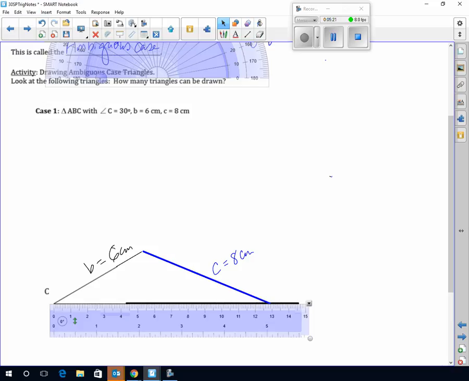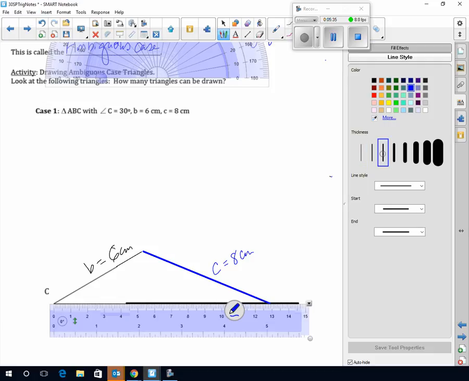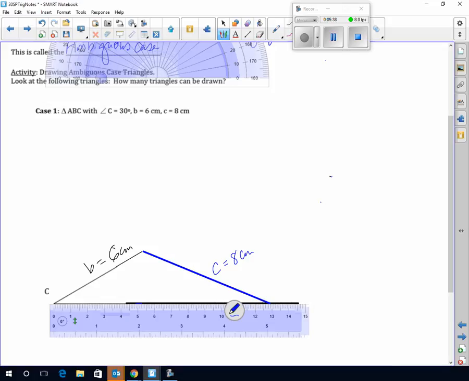Okay, I'm going to have to go by what you guys got. 12.6? Can anybody verify 12.6? You got 13. Okay, so I'm going to say A is 12.6 centimeters roughly. What'd you get?